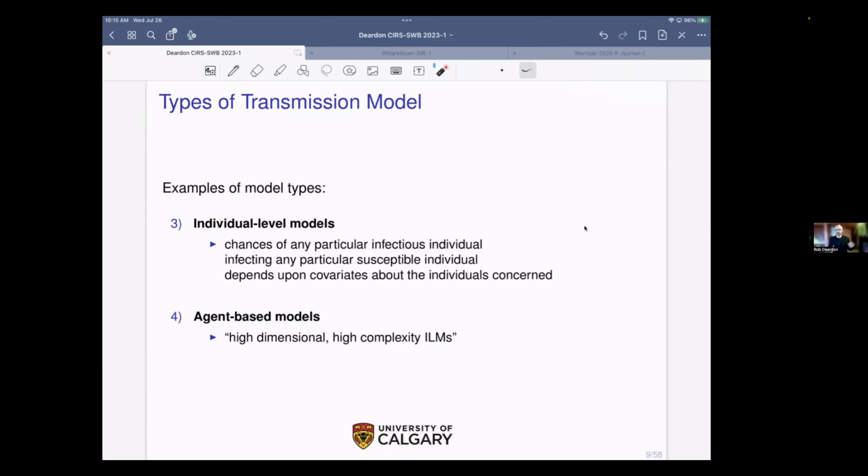Okay. And then there's a 4th category, which I don't really work on very much, which are also extremely popular, which I think of as being very high dimensional, highly complex versions of these models, right? An ILM might have 5, 10 parameters in it. Agent-based models may have 50, 100, 1,000 parameters in.